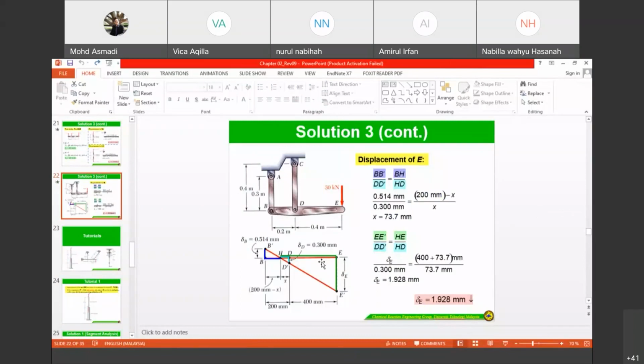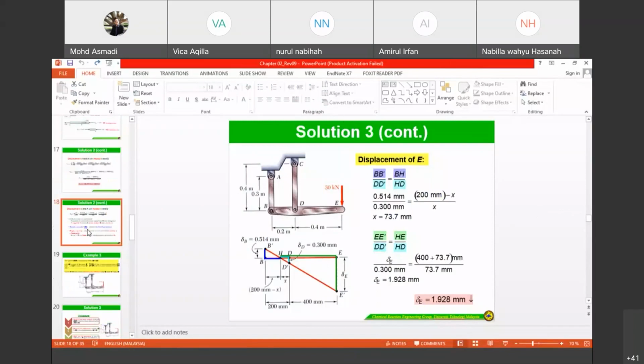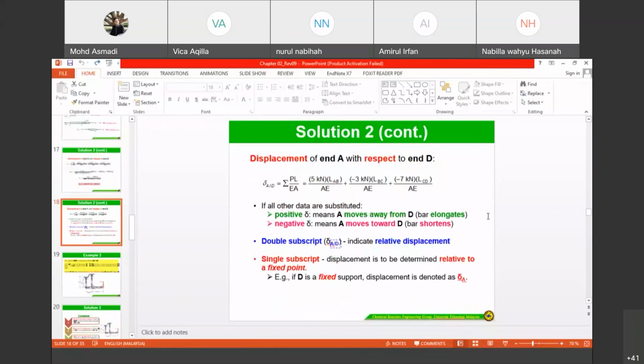If positive, it elongates. I don't think we use tension or compression here. For deflection, it elongates or shortens, and that is all by using an arrow.